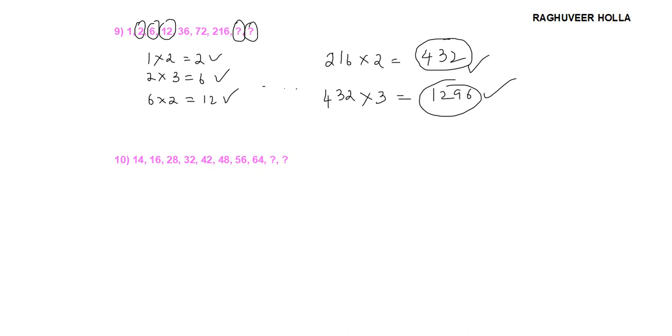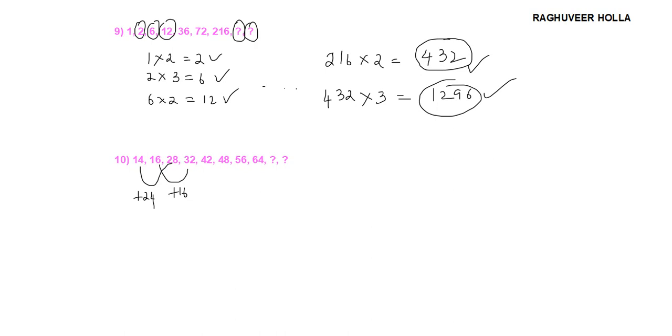Now let us look at the next problem here. What do we have is again these two interwoven sequences, right? Now look at the differences here. When it starts with 14, when you add 14, it results in 28. Here when you add 16, this results in 32.